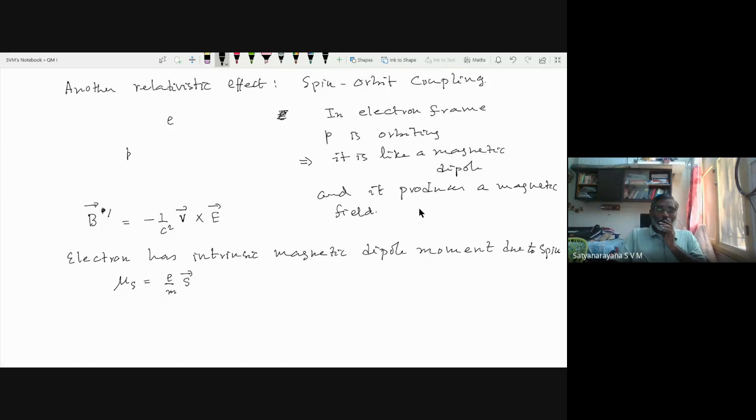This mu s interacts with that B field, whatever that B prime. And what is that interaction energy? We will call it H prime or H spin orbit coupling, which is equal to minus mu s dot B prime.